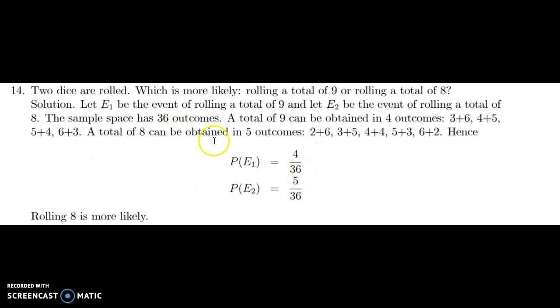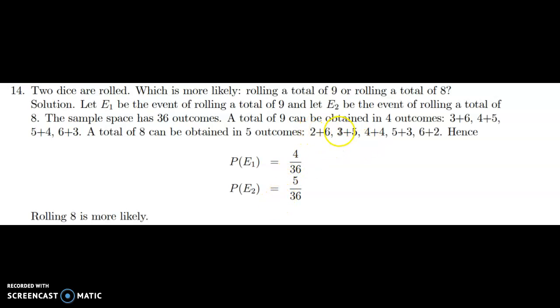The probability of E2. Here the outcomes in E2 are 2 plus 6, 3 plus 5, 4 plus 4, 5 plus 3, and 6 plus 2. These are the sums equal to 8.